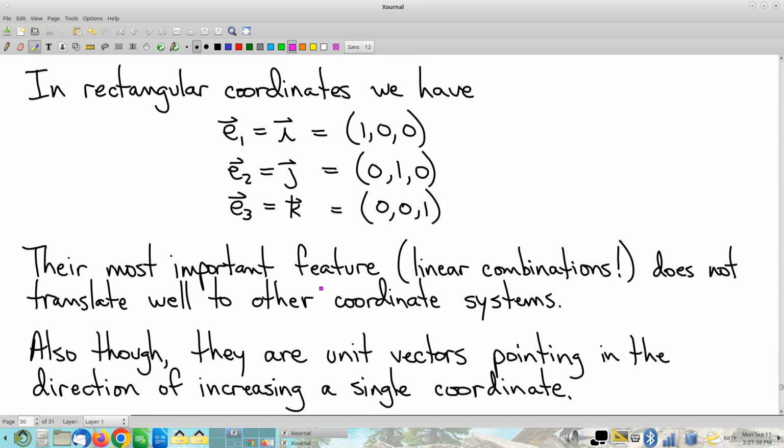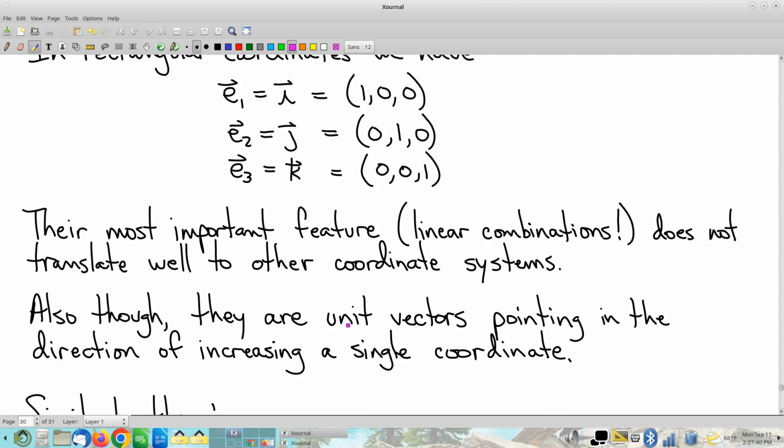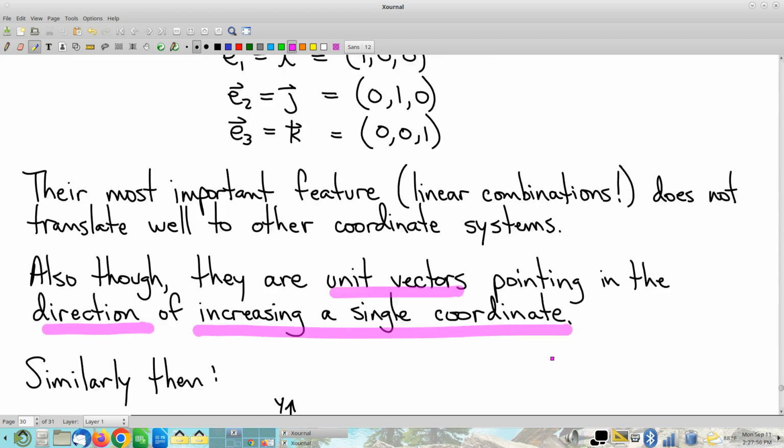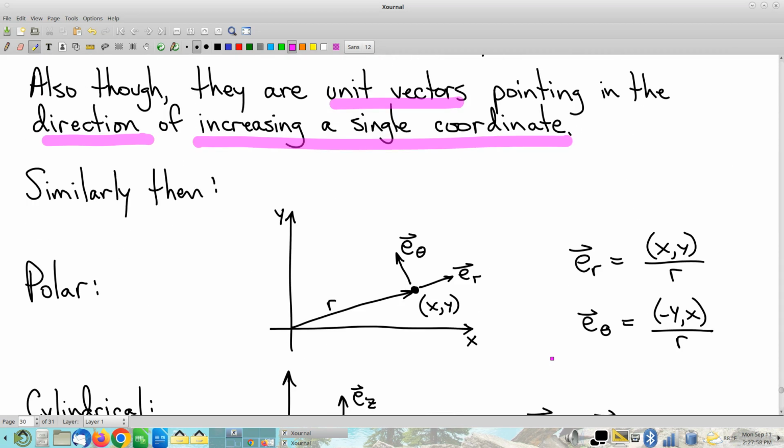They have certain nice features. Among them, they are unit vectors pointing in the direction in which exactly one of the coordinates is increasing and the others are constant. Okay. We can generalize that to other coordinate systems. So, for example, let's say I'm at this point right here.